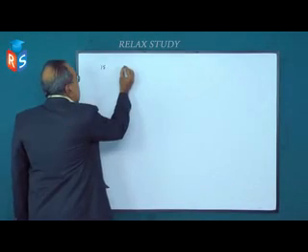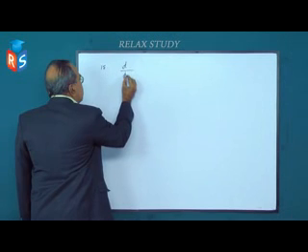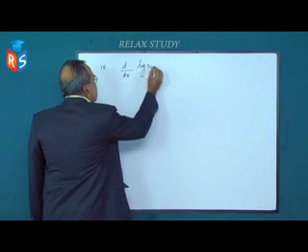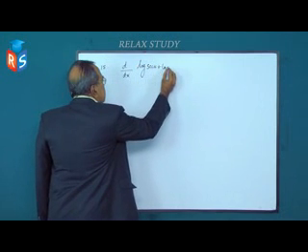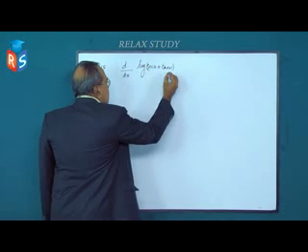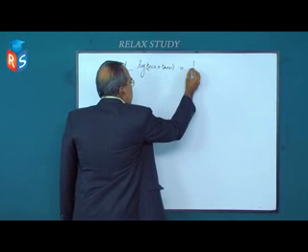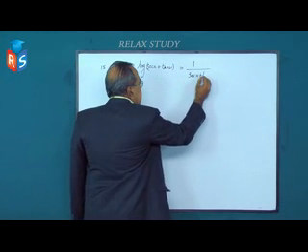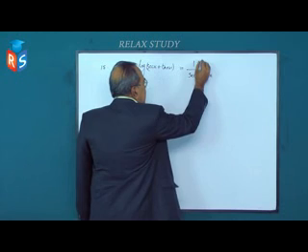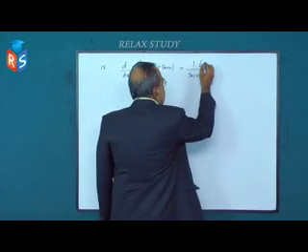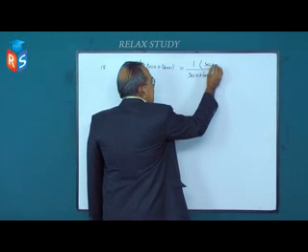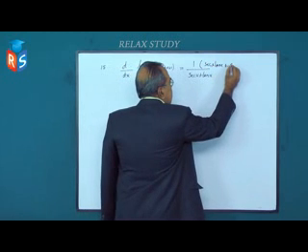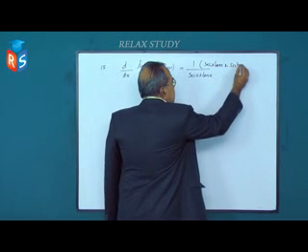D by dx of log of sec x plus tan x is equal to 1 by sec x plus tan x into the derivative of sec x, which is sec x tan x, plus the derivative of tan x, which is sec squared x.